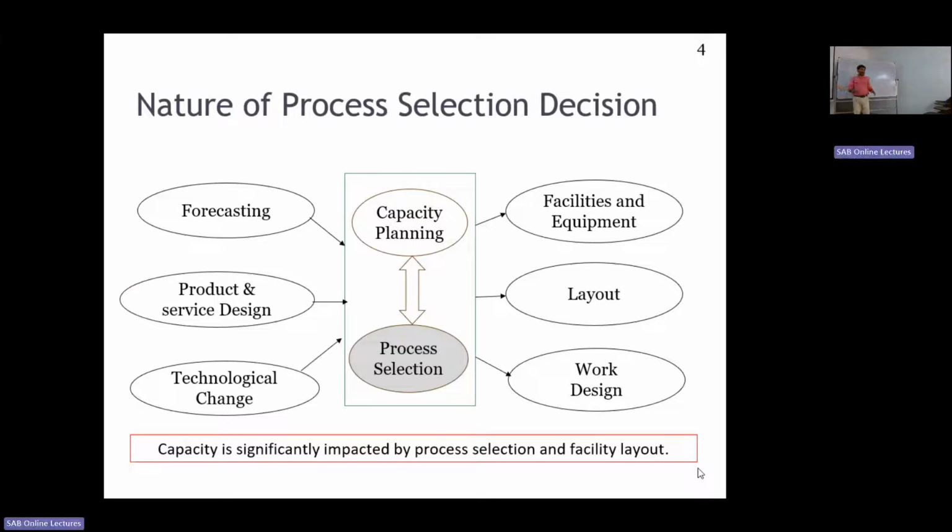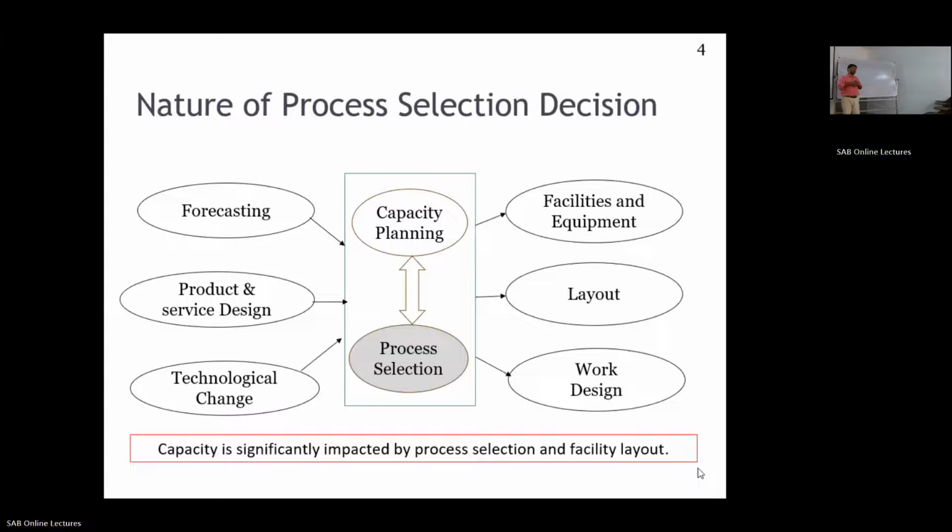And then of course work design, that means what type of workers we use, what each worker is doing in the operations, depends on what type of processes we need. This helps you understand these interconnections of operations management decisions, operations management topics.